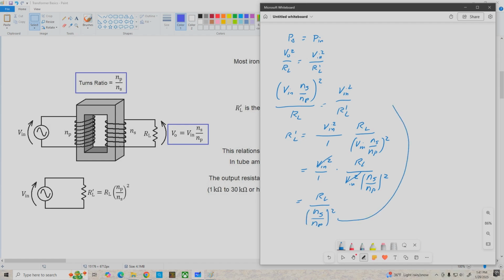And finally, if we take this bottom fraction and invert it and multiply, we get R'_L equals R_L times (N_P over N_S) squared. And there's our equation for the reflected load resistance.